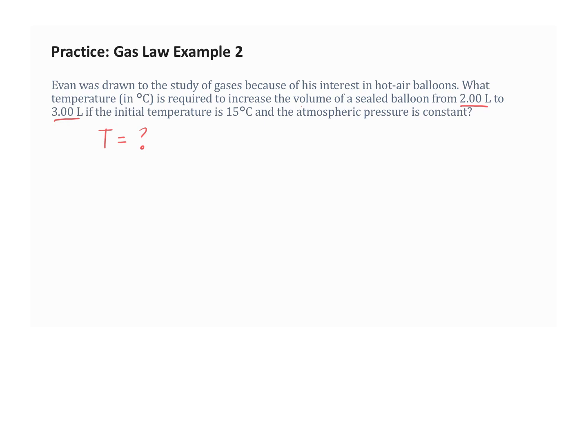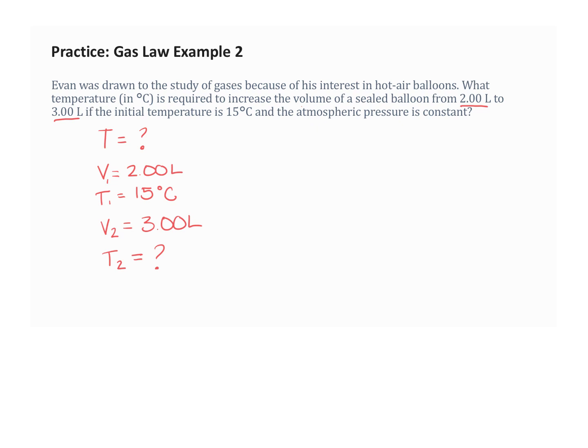So we're given a volume of the gas, which is 2 liters. That's what it is initially. And the temperature here initially is 15 degrees Celsius, okay? We look here at the second volume, right? And that's 3 liters. And then it's asking us for the second temperature, okay?